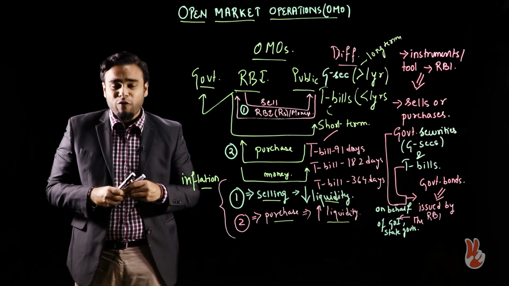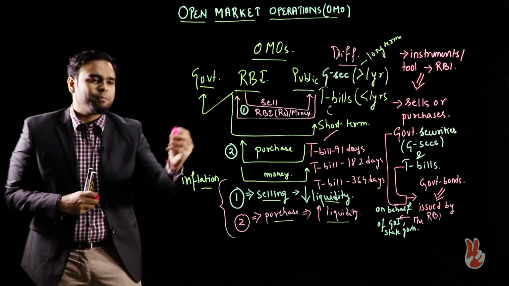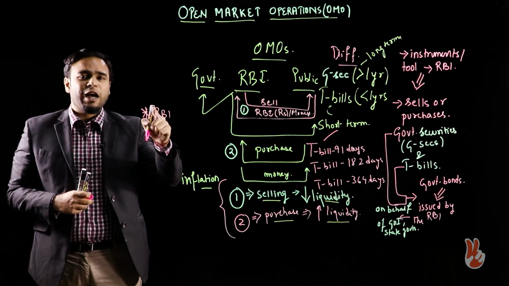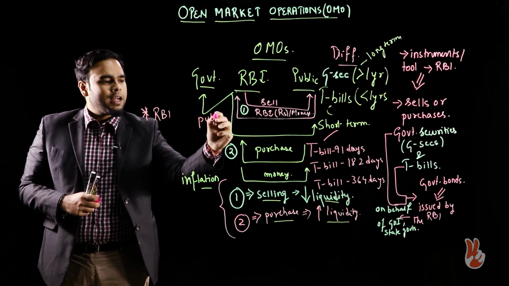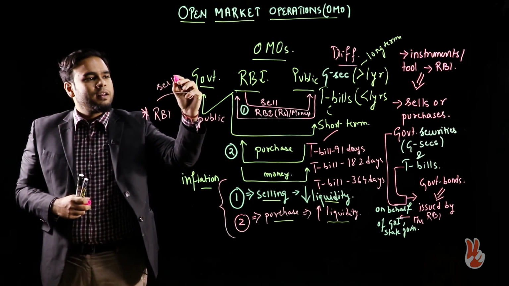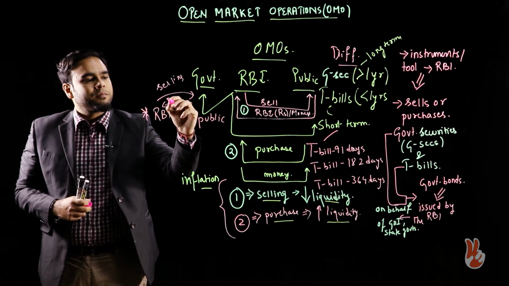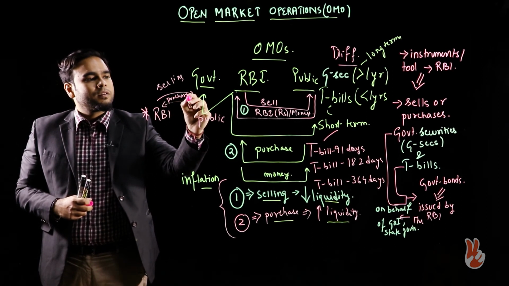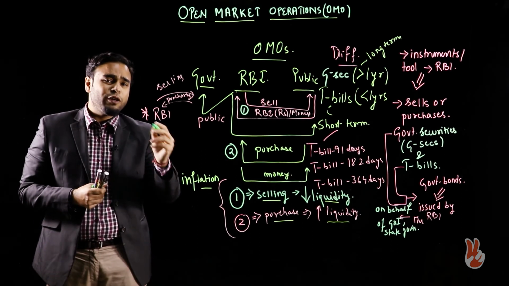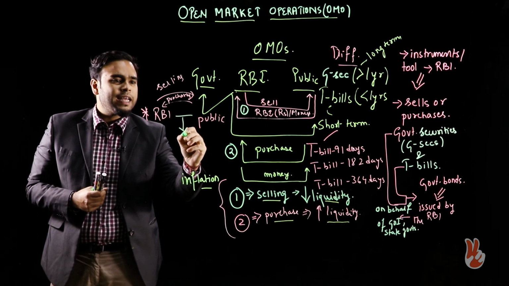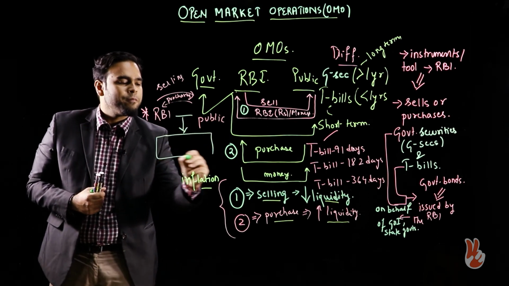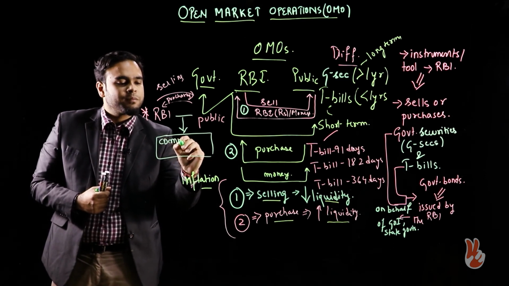Fine. Now, one more very important point, please remember here. This is the RBI. Selling and purchasing between the RBI and the public is taking place, right? However, this function of selling and purchasing is not done by the RBI directly. How does the RBI do so? The RBI does this selling and purchasing of the government securities with the help of commercial banks.